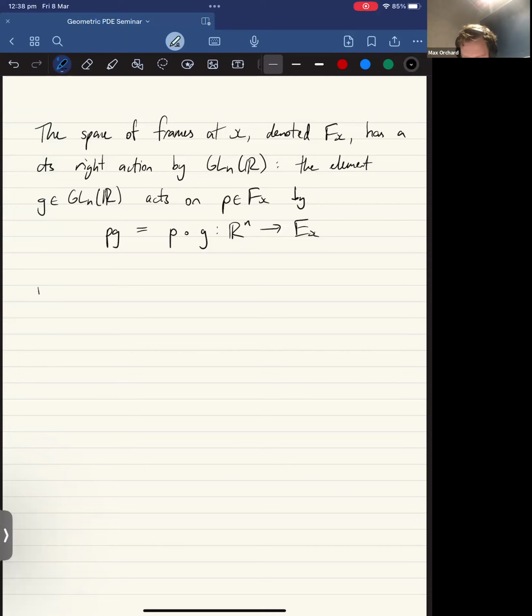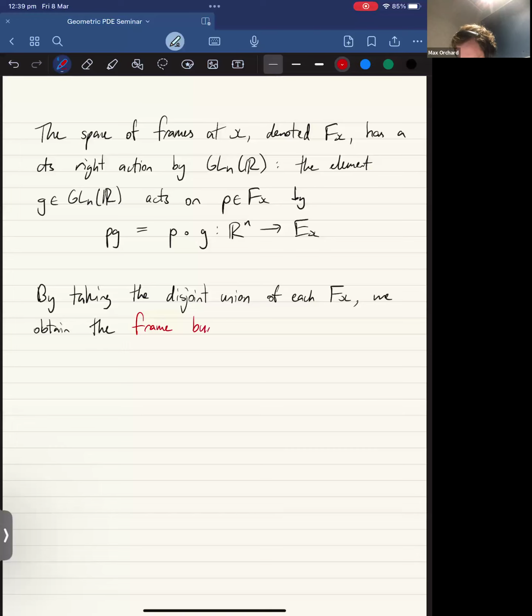If we take the disjoint union of each F_x, we obtain something called the frame bundle, which I'm going to denote with F_E, and it's just the disjoint union of all x in B of F_x.